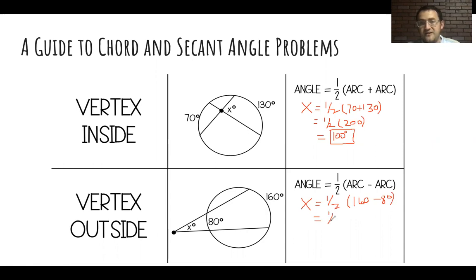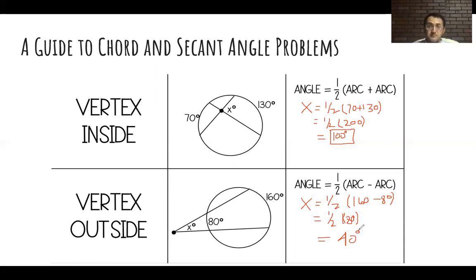So I'm going to get 1/2 of 80. And I will see that the angle is comfortably smaller than the 160 and the 80. It will be precisely 40 degrees.